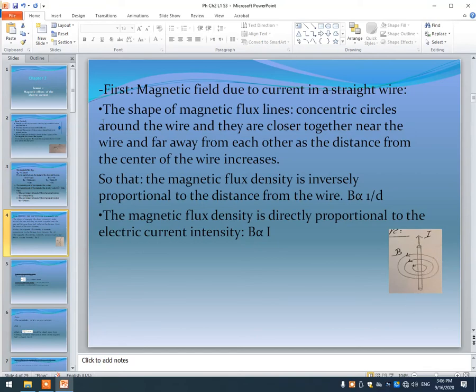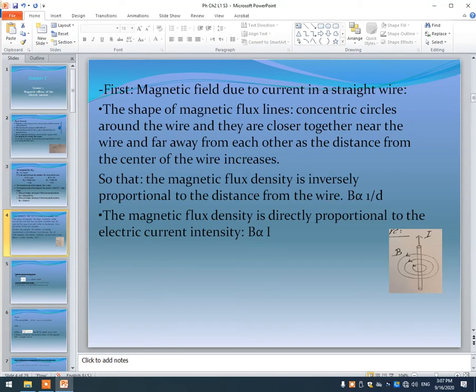So the shape of the magnetic flux lines is concentric circles around the wire, and they are closer together near the wire and far away from each other as the distance from the center of the wire increases. This means that the magnetic flux density B is inversely proportional to the distance D away from the wire.